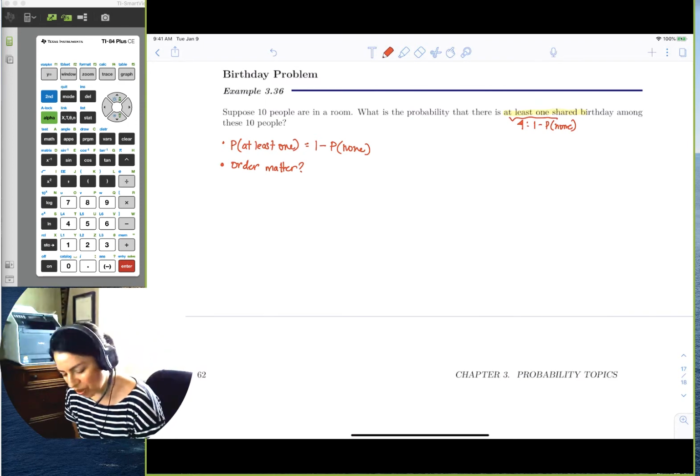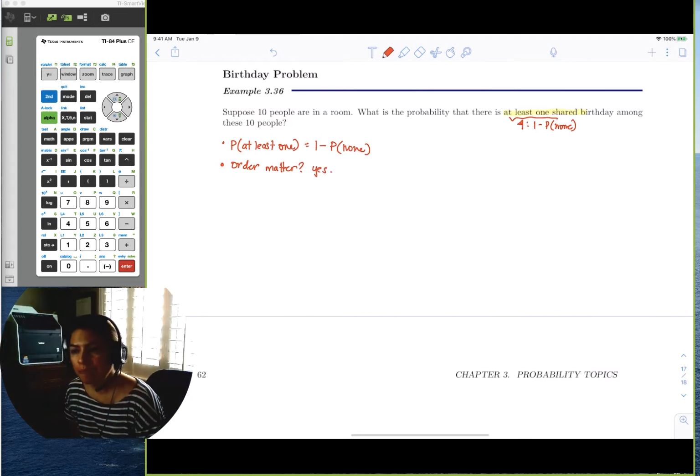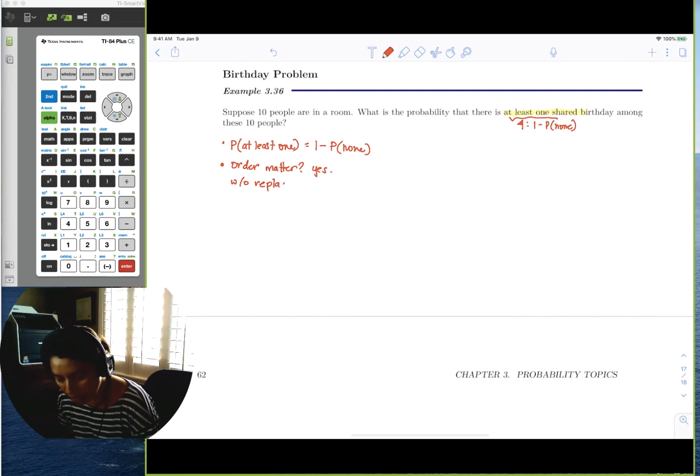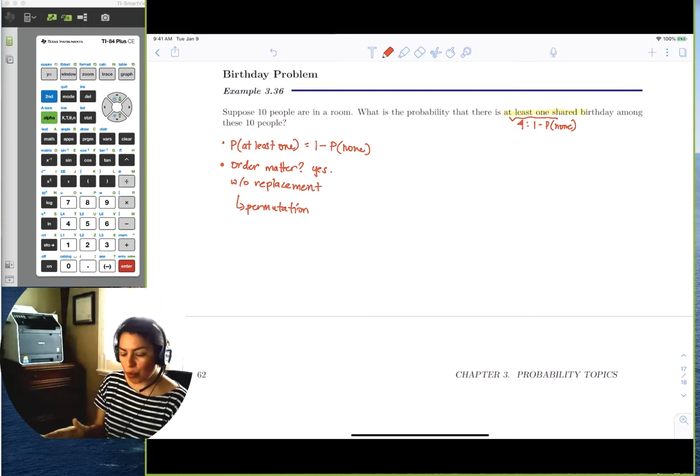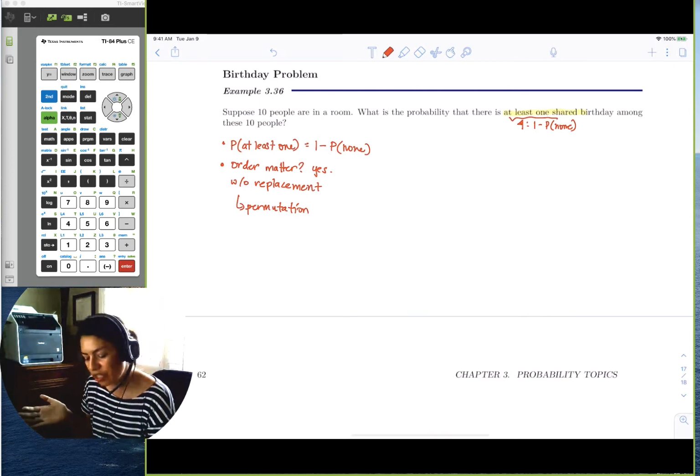So yes, of course, order matters. And then is it with or without replacement? Well, it's without replacement because one person cannot be born on two different days. So if order matters and it's without replacement, we know we're going to use a permutation formula somewhere in our formula. And you're like, whoa, we're using at least one and a permutation?